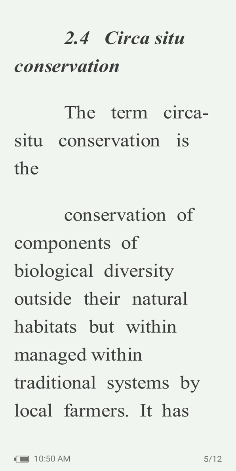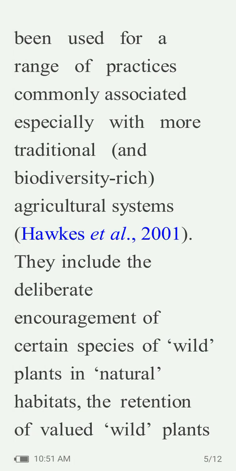Circa situ conservation. The term circa situ conservation refers to the conservation of components of biological diversity outside their natural habitat but managed within traditional systems by local farmers. It has been used for a range of practices commonly associated especially with more traditional and biodiversity-rich agricultural systems.